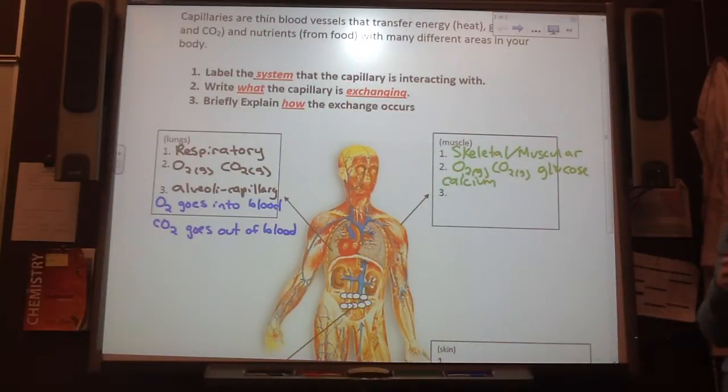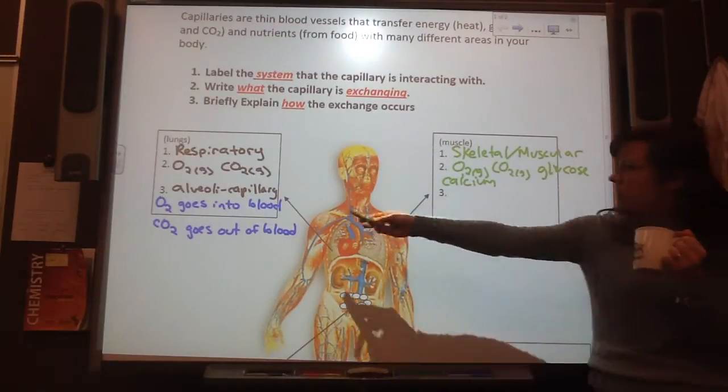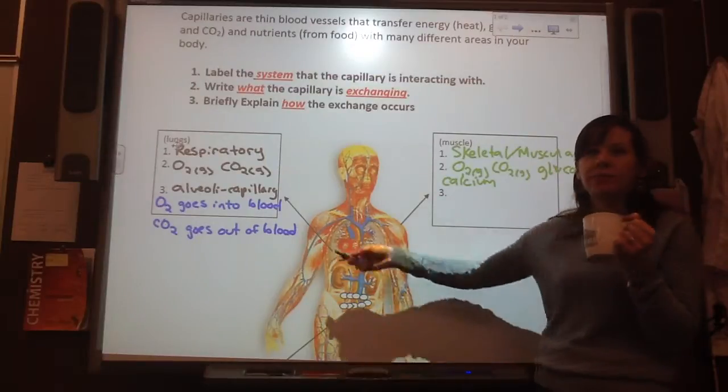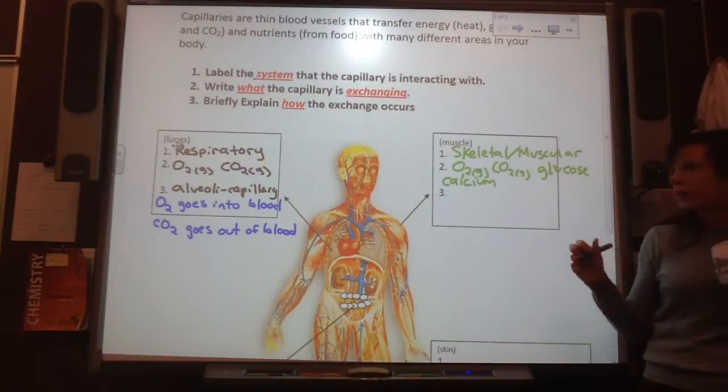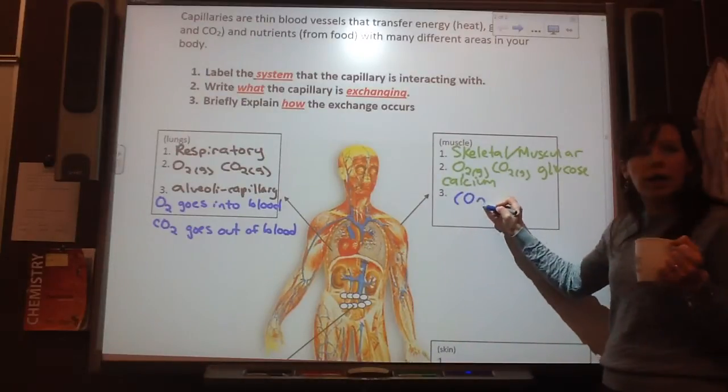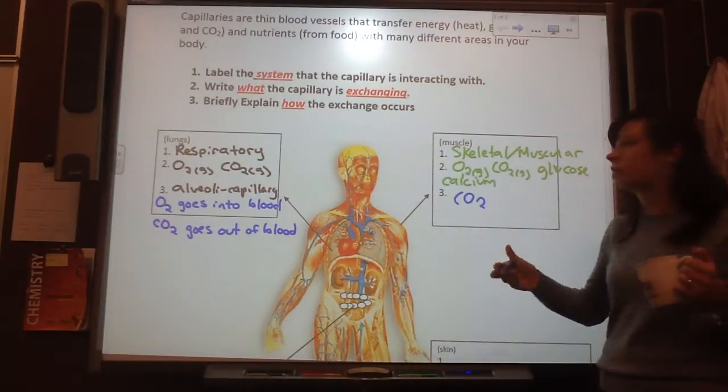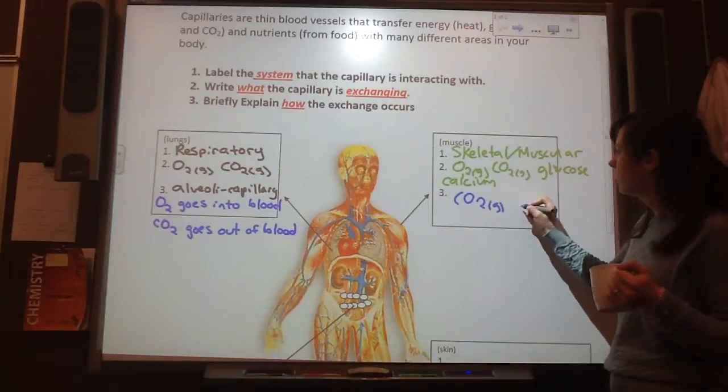Okay, so briefly explain how the exchange occurs. What's going into the muscle? No, let's be consistent. What's going into the blood from the muscle? CO2 goes into the blood. Yeah, because we don't want the CO2 to build up in our muscle.